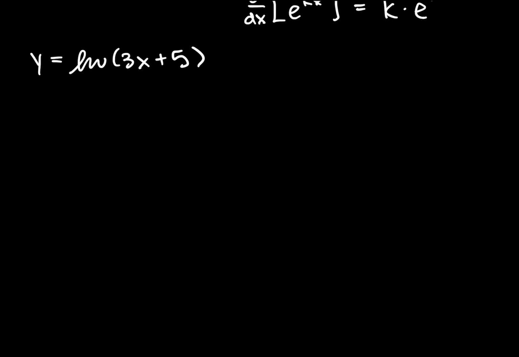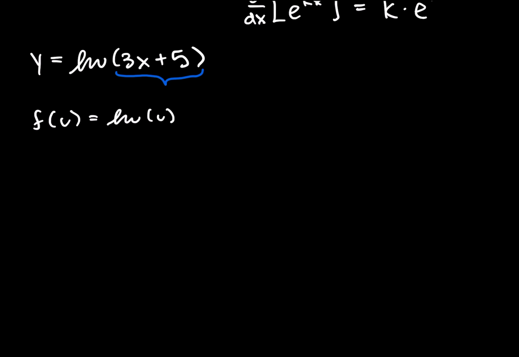So for this question, the inside will be this 3x plus 5, and the outside will be the ln, like we saw in our first problem of 2x plus 4 to the power of 500. Similar concept. So let's write what our f of u is. It is ln of u.